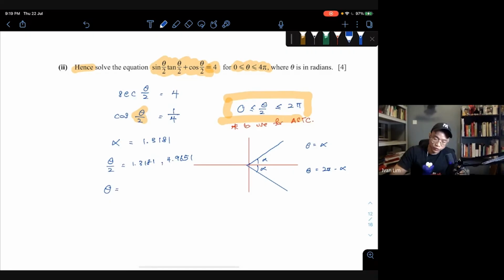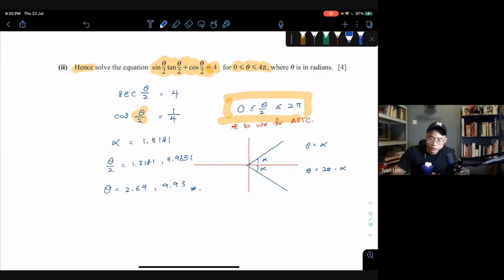We want to find theta, not theta over 2. So for theta, it is 1.3181 times 2, not divided by 2. 1.3181 times 2 is 2.63. Wait, we want 3 significant figures, so 2.64. Or 4.9651 times 2, which is 9.93.